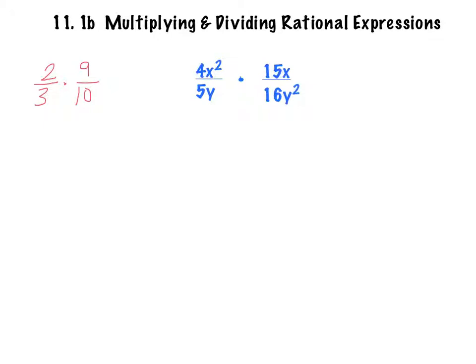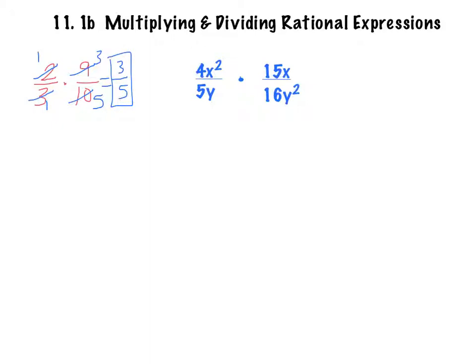I can divide both of these values by 2, so that's going to become 1 and 5. I can even divide this way. They both can divide by 3, so that would give me a 1 and a 3, and then multiply straight across, and you end up with 3/5.